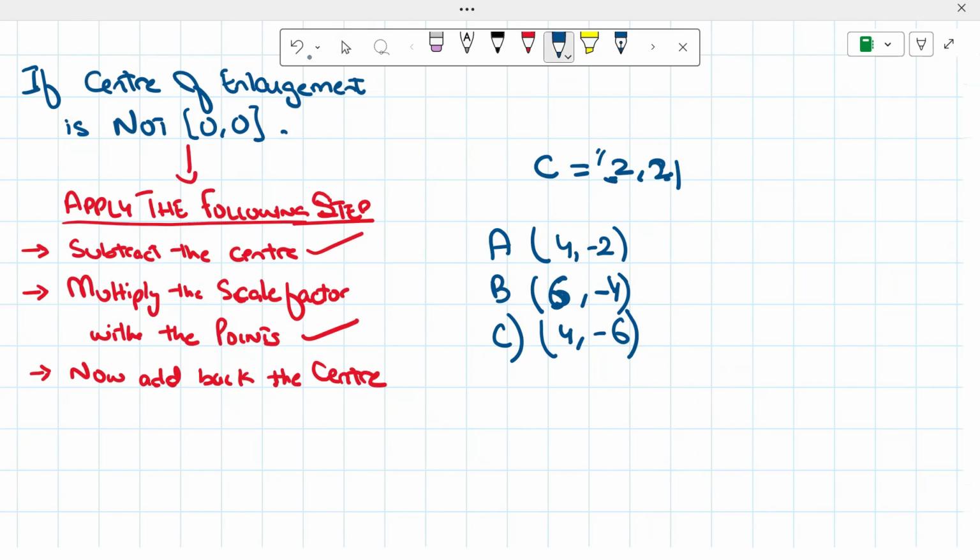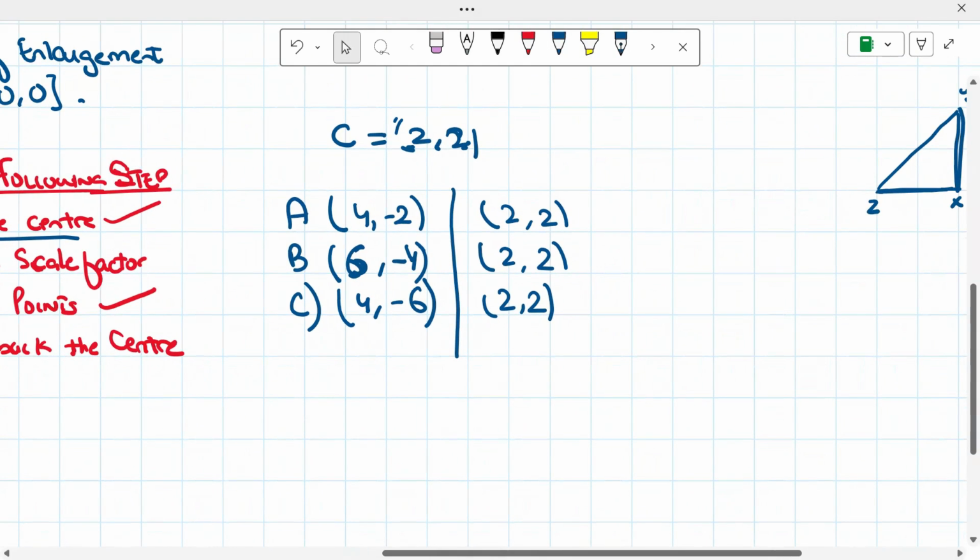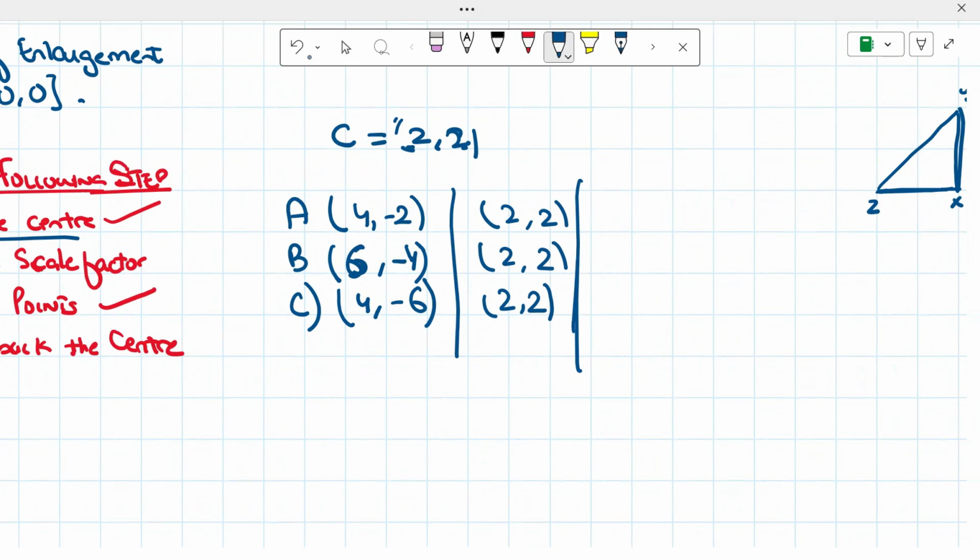What we're going to do, we will subtract the center, so subtracting the center from these points. Okay, so 4 minus 2 is 2, and minus 2 minus 2 will be minus 4.